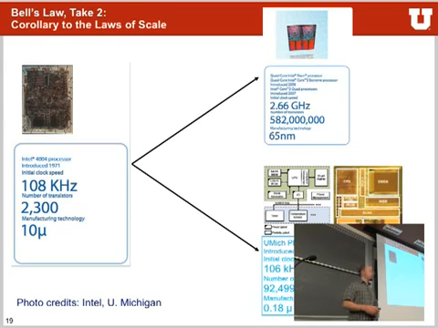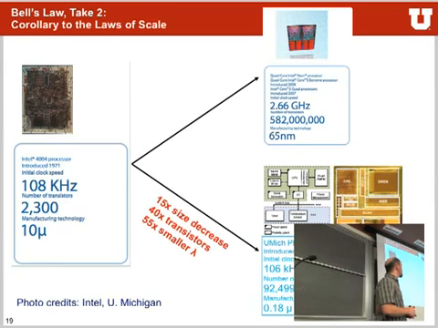But the key here is that it's a 15 times size reduction, 40 times more transistors, at a 50 times smaller manufacturing process. The key really is it's about the same speed, but it's a lot smaller, but has more capabilities. And it draws significantly less power.